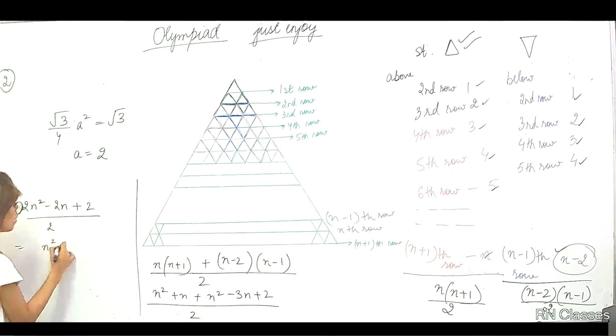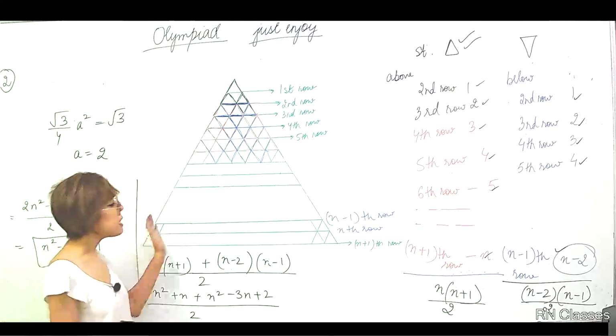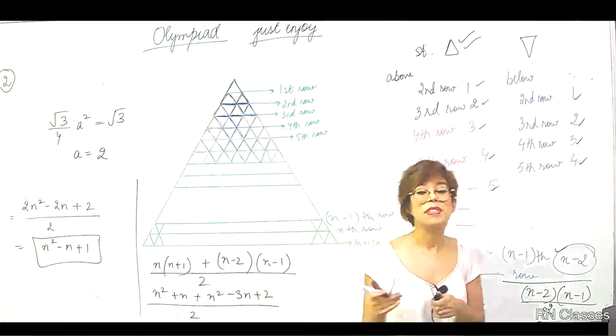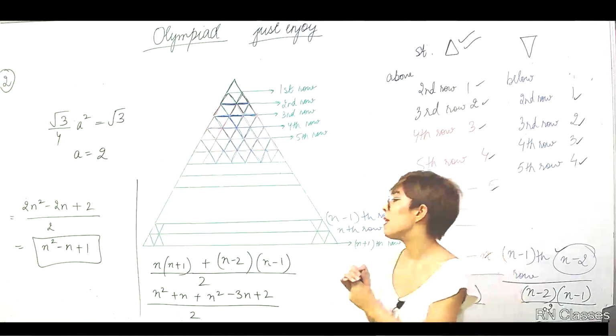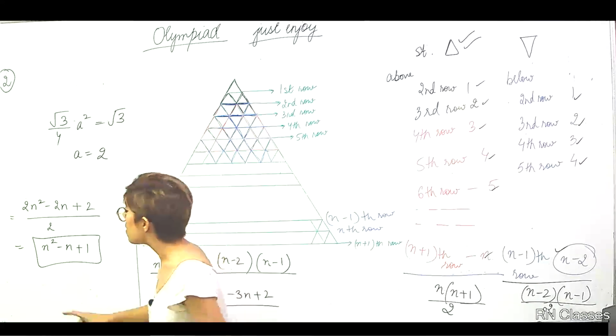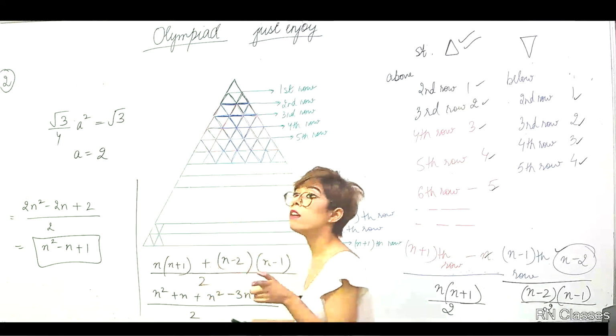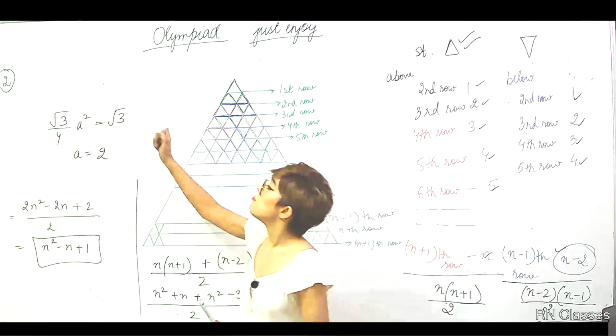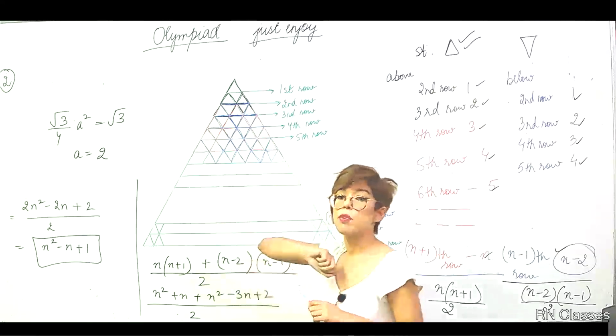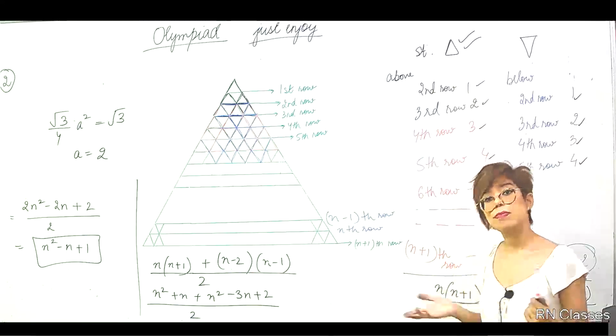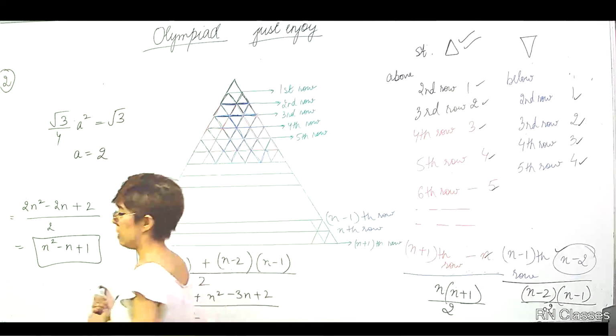So this is n square minus n plus 1. So that means in this figure, you know that there are going to be n square minus n plus 1 equilateral triangle whose area is √3 square units. Alright.